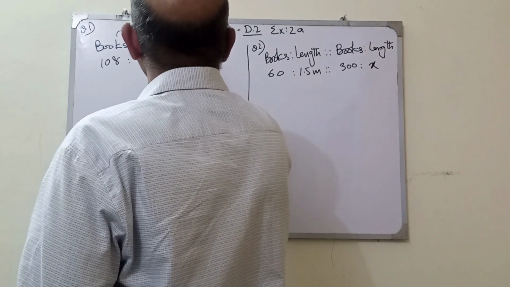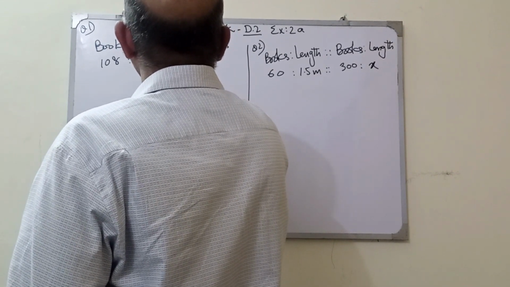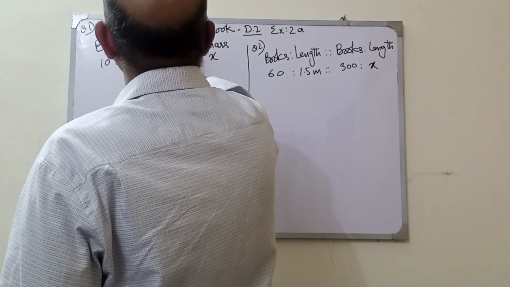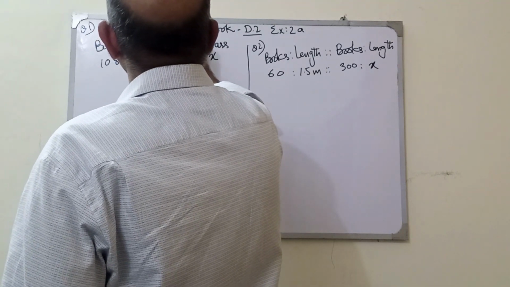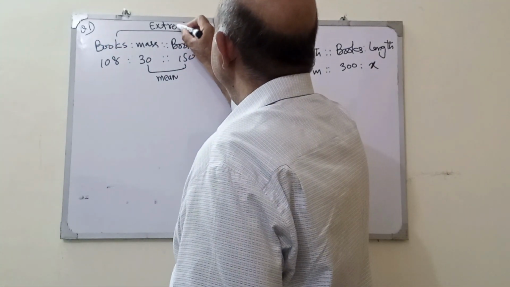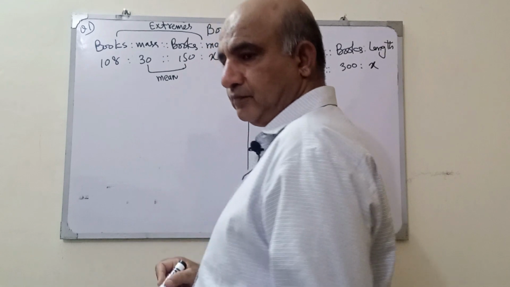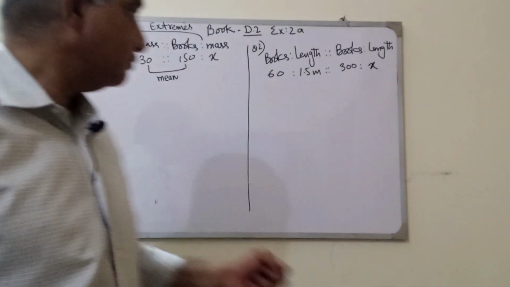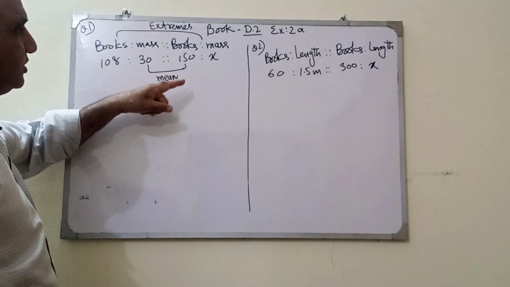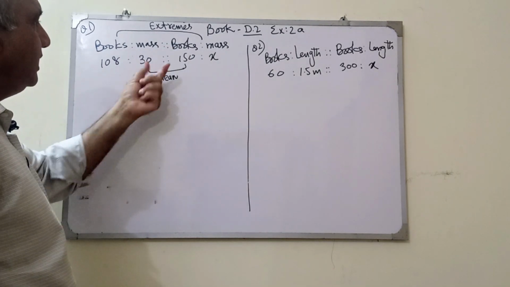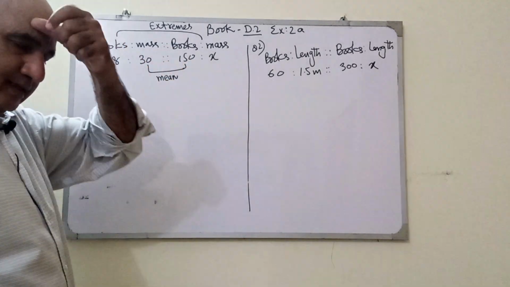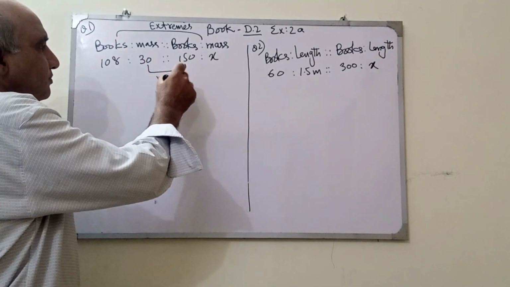Now here, these are called means, or these are called extremes, right? The ends are the extremes, and the center two are called means, right?